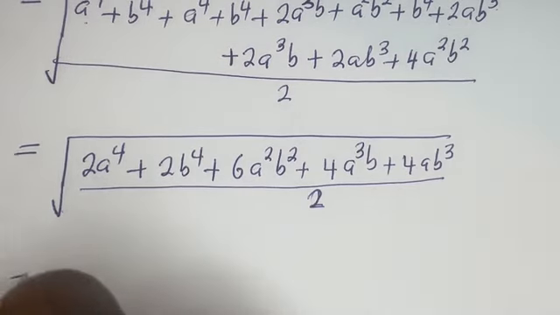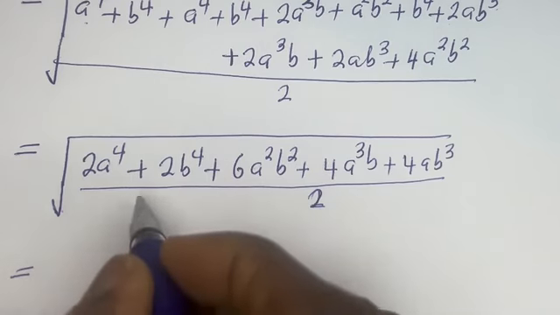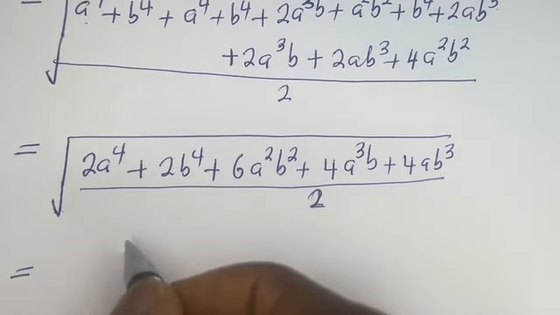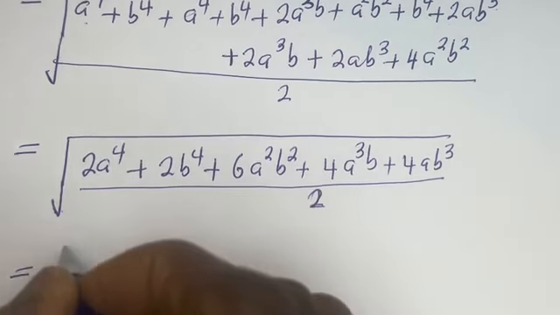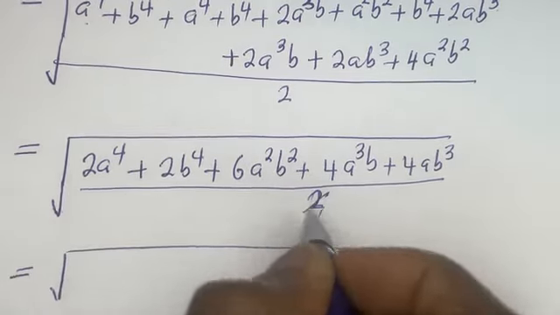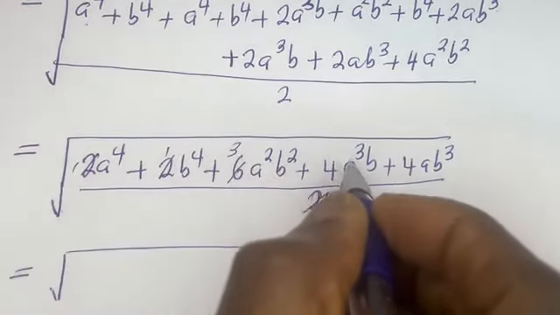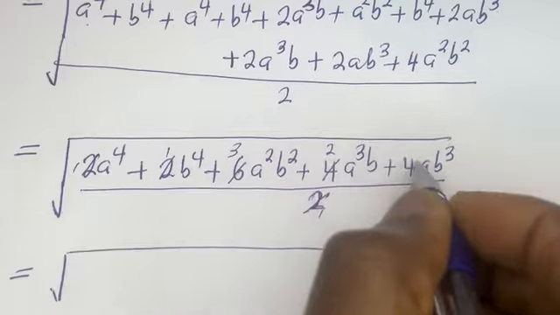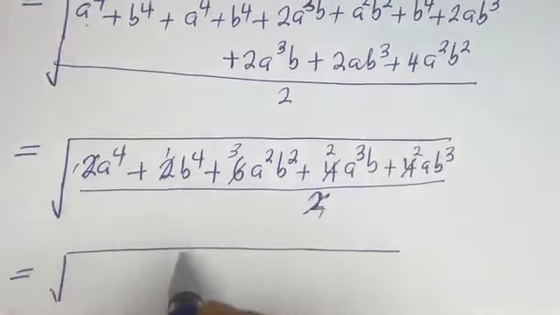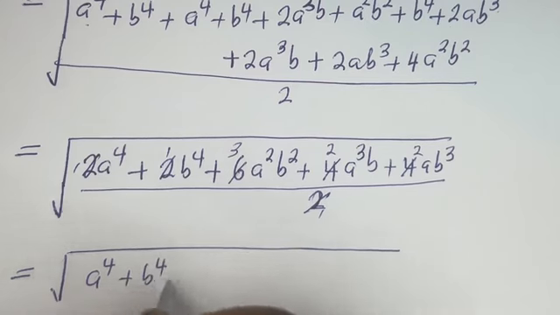And this is equal to, from here, we have square root of, dividing each term by 2, this is A to the power of 4 plus B to the power of 4.